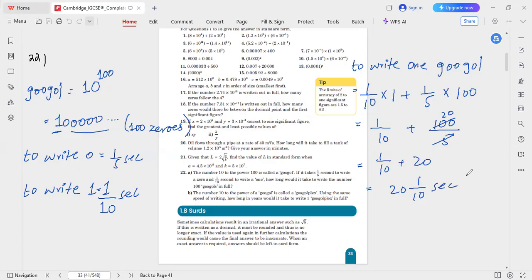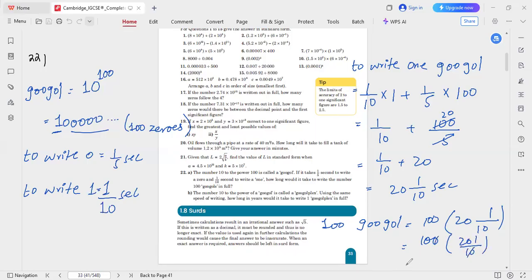Now we need to check, if we have to write down 100 Google, how much time it will take. We need to multiply 100 with the number that we got, 20 and 1/10. For this, we can first convert it into a simple fraction. 10 times 20 will be 200 plus 1, 201/10.